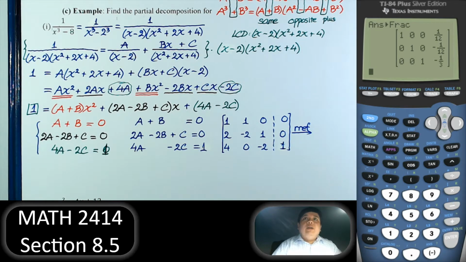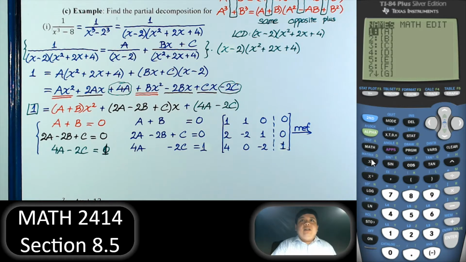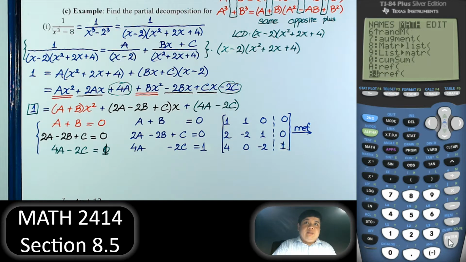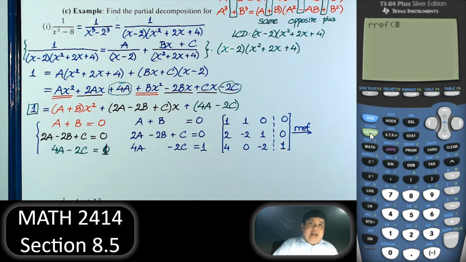Right? So, let me do this again. Second matrix. Go to math. Go down to option B. And then we can enter the matrix, alpha zoom. 3 rows, 4 columns. So that's good. Hit OK. And now enter the numbers.